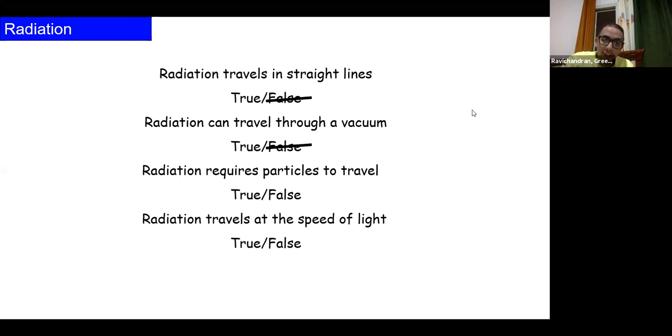Radiation requires particles to travel. False. Okay. Radiation travels at the speed of light. Great. True.